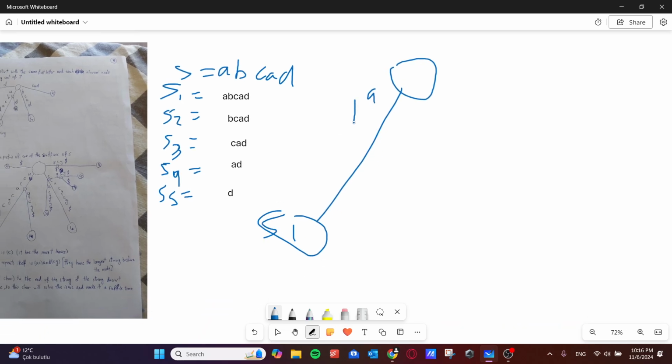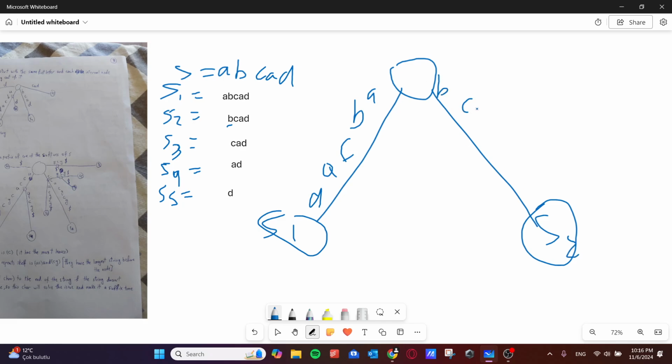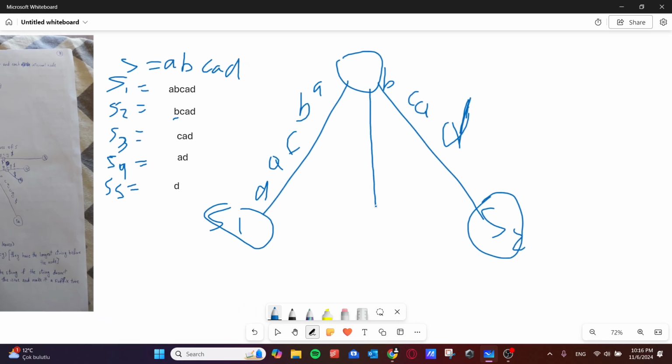This is S1, A, B, C, A, D. This one is starting with B, so we can draw this S2, B, C, A, D. Here we have CAD, so this is S3, CAD.